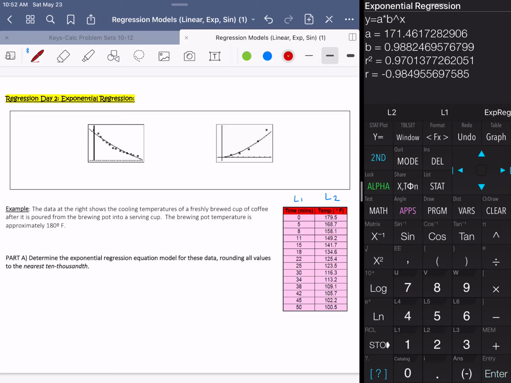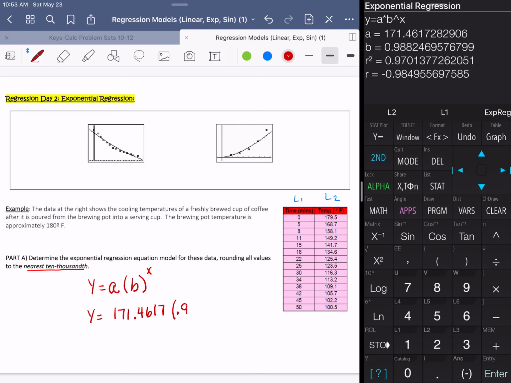So it's in the form now, y equals a, star means times, so you can go ahead and put the b in parentheses for multiplication. So a times b, that little caret, means to the x power. And it says round all values to the nearest 10,000th, which is 4 decimal places. So the a is 171.4617, that's 4 places.